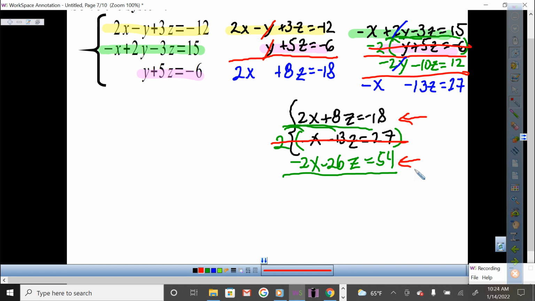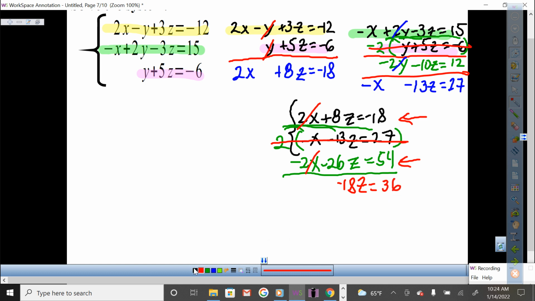So, here we go. 2x minus 2x, cancel. Negative 26z plus 8z. Negative 18z, yes, equals 54 and negative 18, 36.